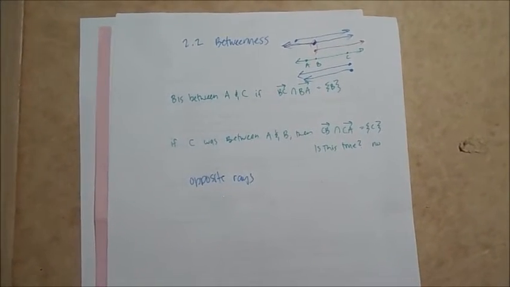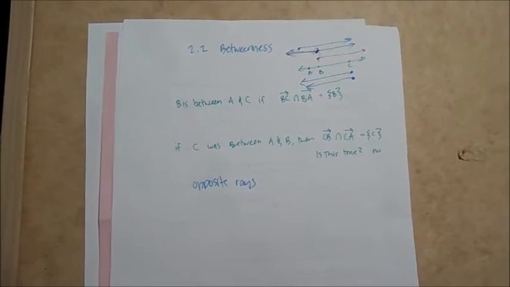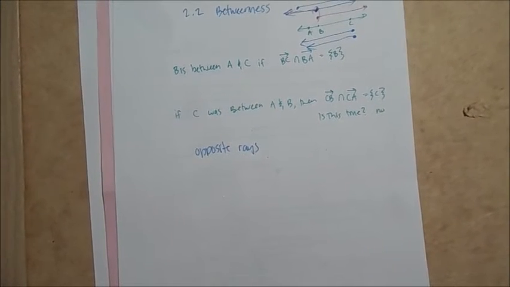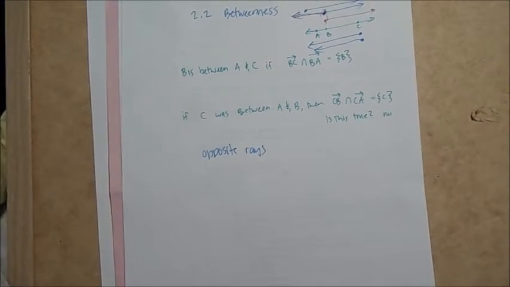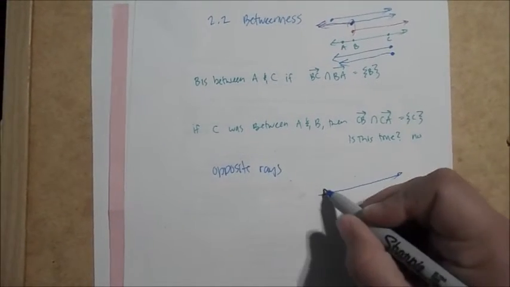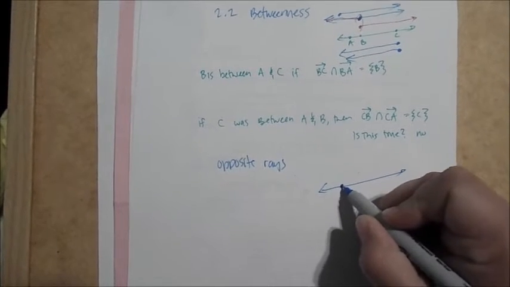Another definition that we have is a segment. And a segment, it says, is a set consisting of 2 points, A and B, and all the points in between. So let's go with a line. We're talking about a subset of a line or a part of a line.